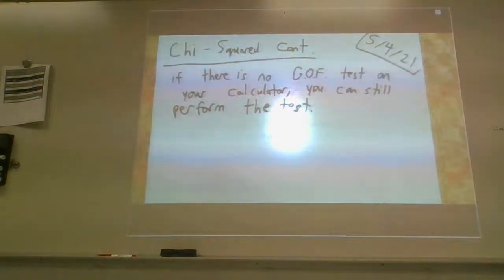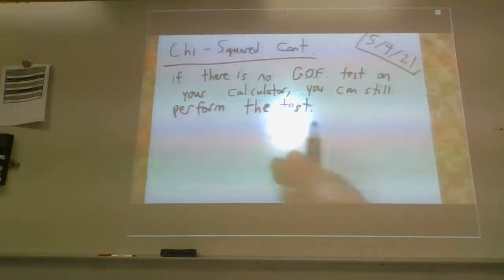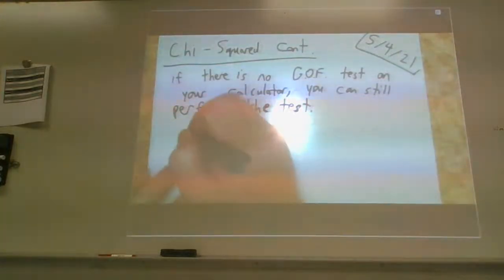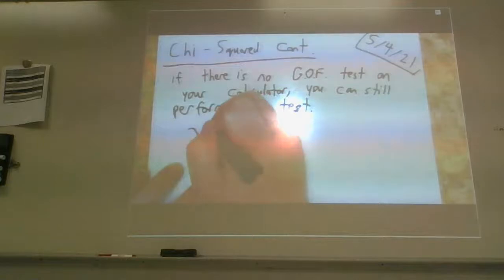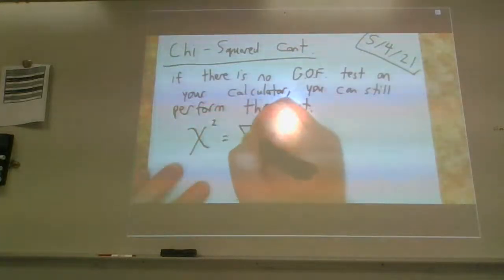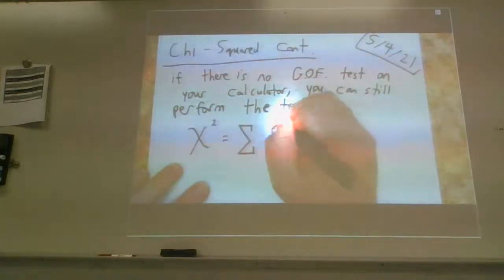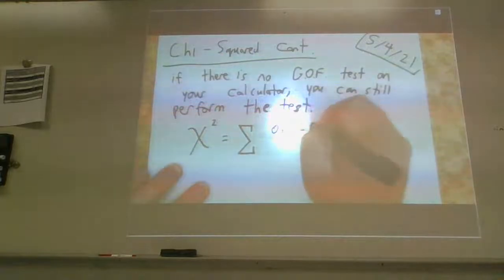It just takes a little bit of extra legwork. You need to calculate the chi-squared test statistic using those lists. Just going to write it down one more time into my notes, a little bit smaller than I did before.